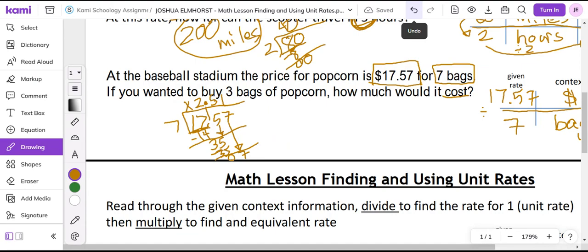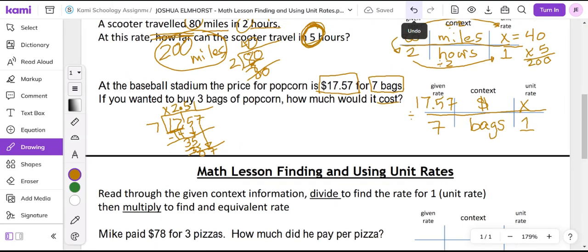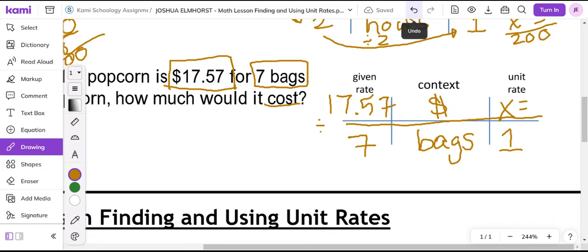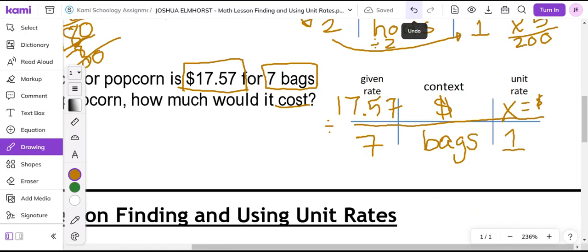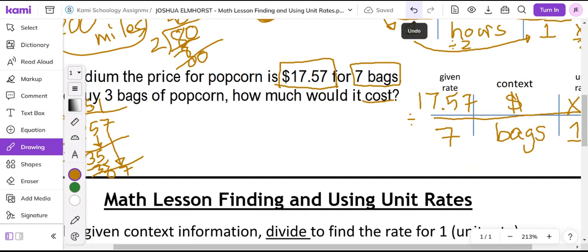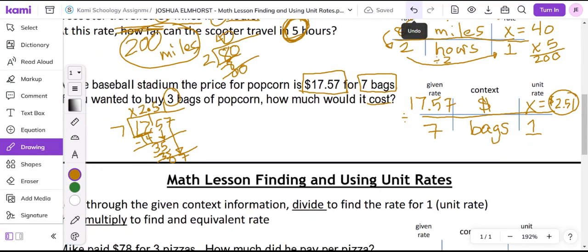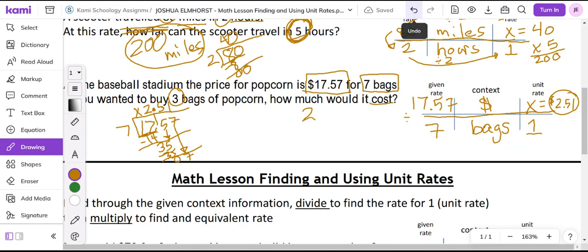So how much is each bag of popcorn? Go ahead. All right, so we're going to fill it out here. The unit rate is $2.51. And now it's asking about what if you just wanted to buy 3 bags? So we take the unit rate, $2.51, and we're going to multiply that by 3.